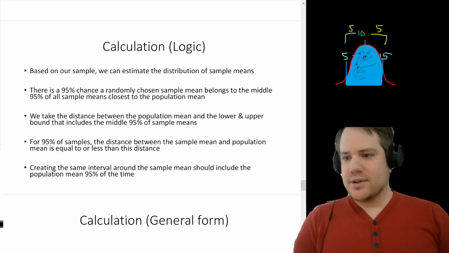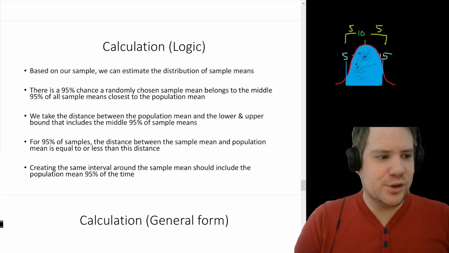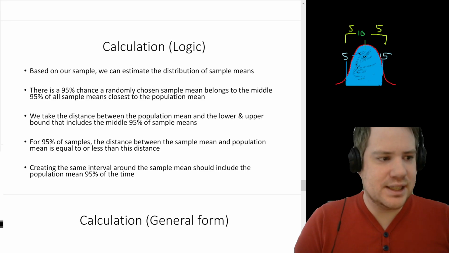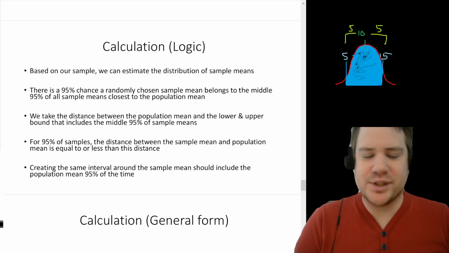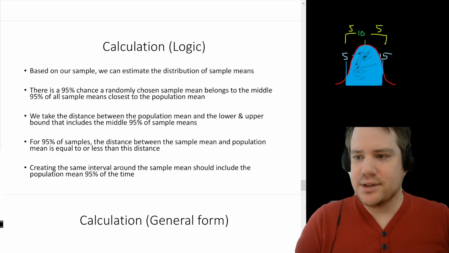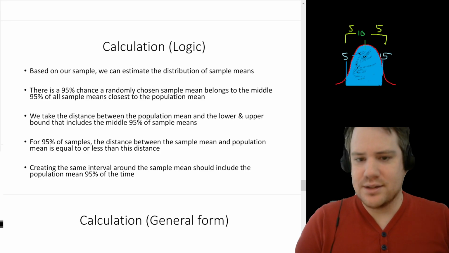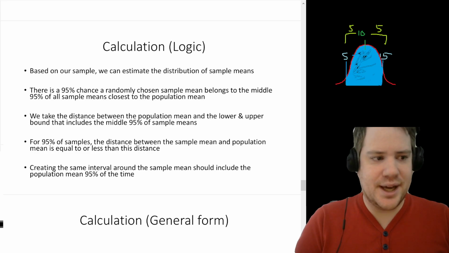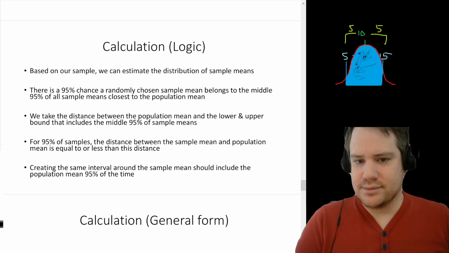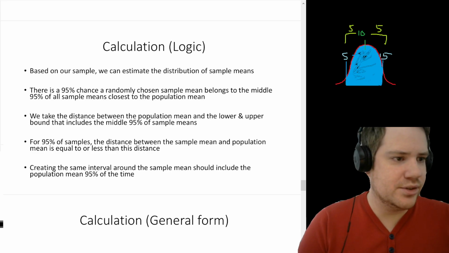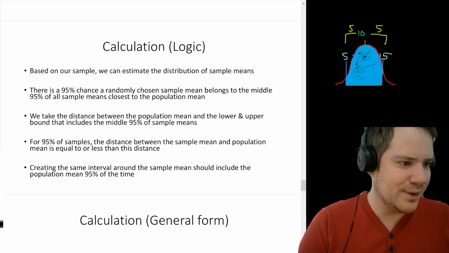So what we do know here is that for 95% of sample means, the distance between whatever the sample mean is and the actual population mean of 10 is 5 or less. For example, if someone scores exactly 5, the distance is 5.